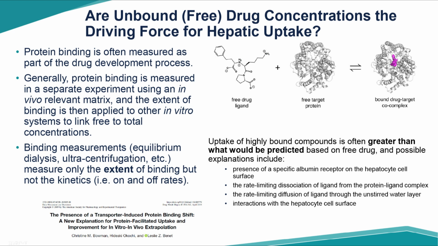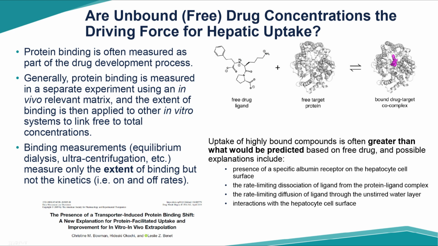One of the things that was noticed over time is that often the uptake of the highly bound compounds would be greater than what would be predicted based on the protein binding.